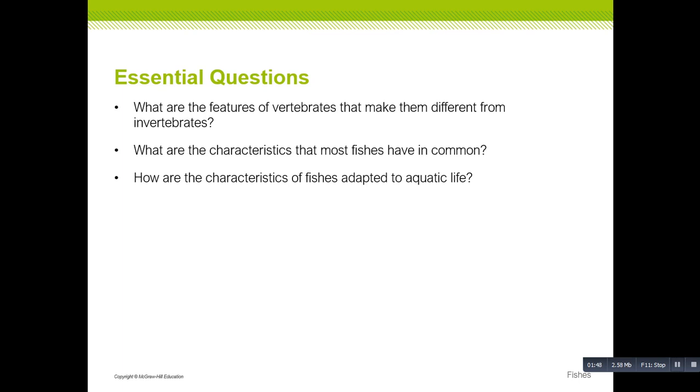There are multiple correct answers for your study guide. The biggest portion of this study guide that I need you to focus on is making sure that you adequately describe the characteristic, because you may very well have on your next upcoming test, and I don't have a date for that yet, an essay question that asks you about 3 characteristics that make fishes well adapted to aquatic life.